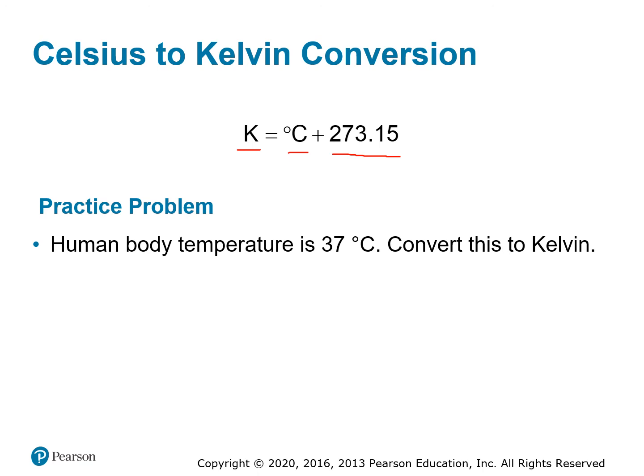So degrees Celsius is 37 degrees Celsius, and you add 273.15 to get to Kelvin. So let's look at the solution. Kelvin will be equal to degrees Celsius plus 273.15, and that will give you about 310 kelvins.